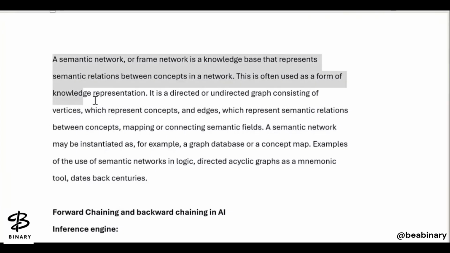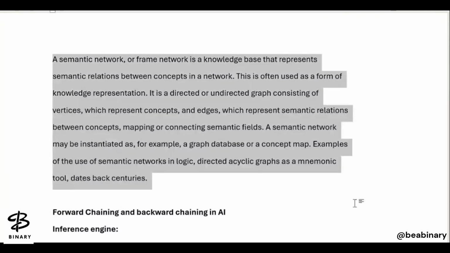In overview, a frame network or semantic network is a knowledge base that represents the semantic relationships between concepts in a network. It is often used as a form of knowledge representation. It is a directed or undirected graph consisting of vertices, which represent the concepts, and edges, which represent the semantic relationships between the concepts, mapping or connecting semantic fields.